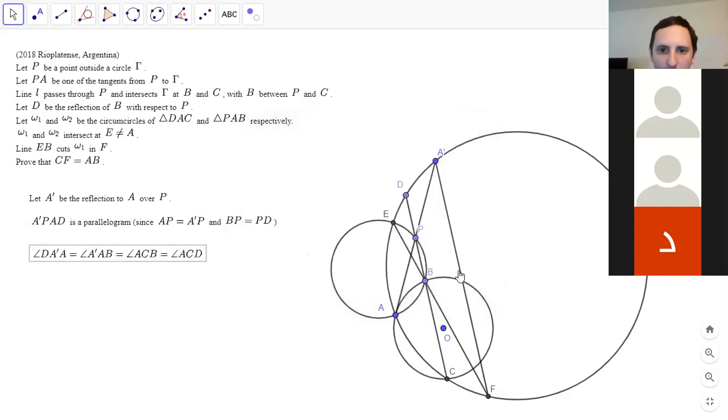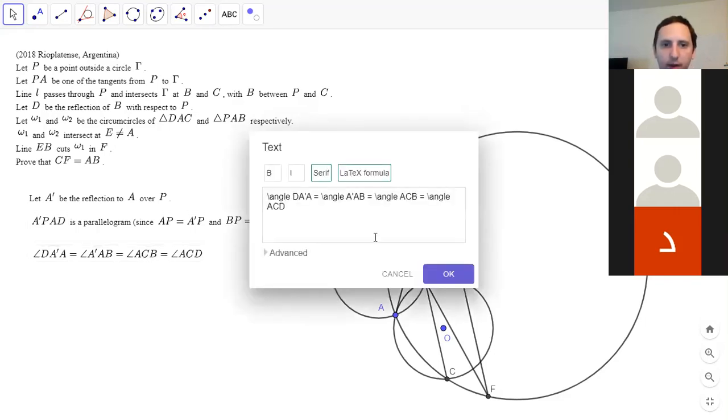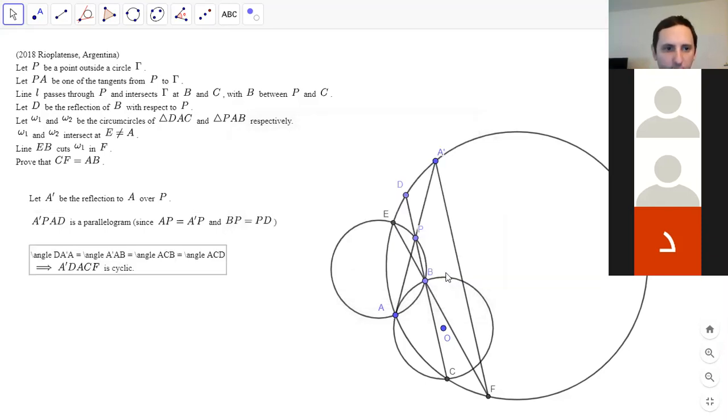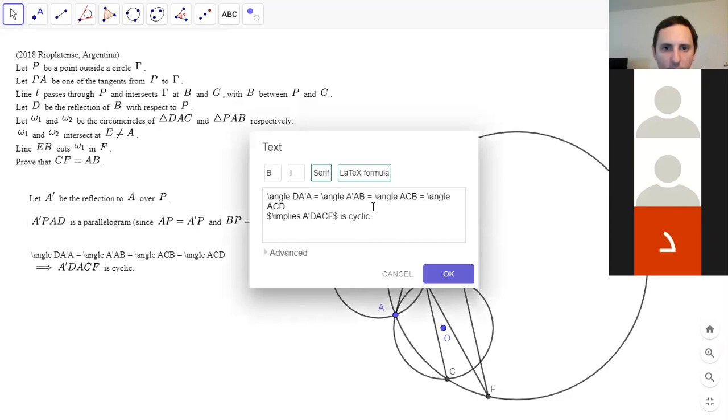So that means A prime DAC is cyclic. All right. And whoops. Add that.